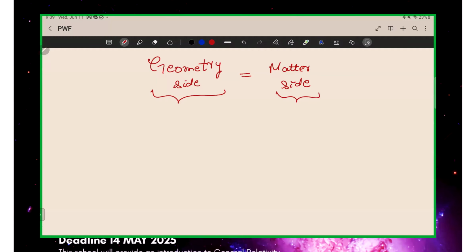But before I go into telling you what comes on the matter side, I need to address one thing. In Newton's gravity, mass is the only source of gravity. If you write down Newton's formula for gravity, it's something like this, right? You see that only masses appear here.